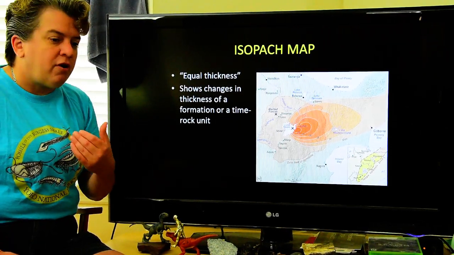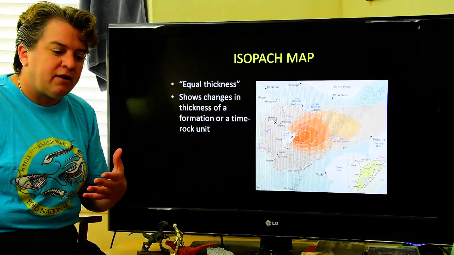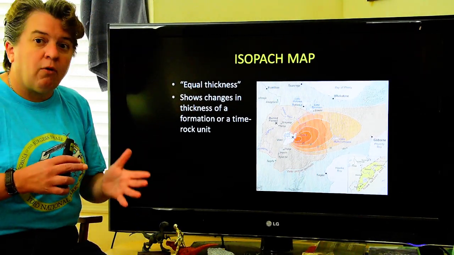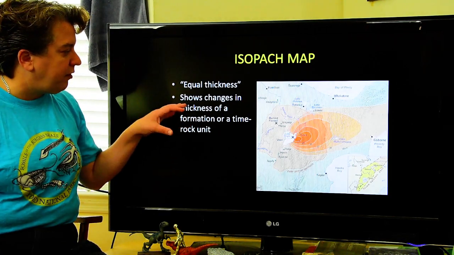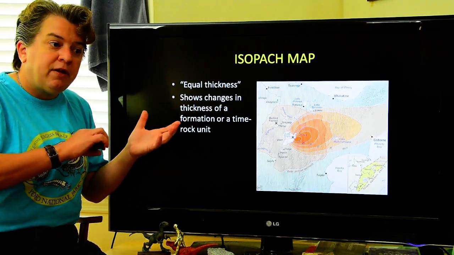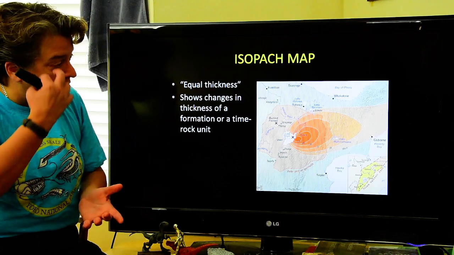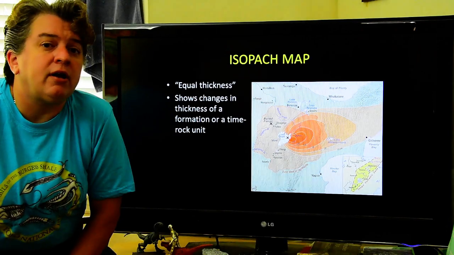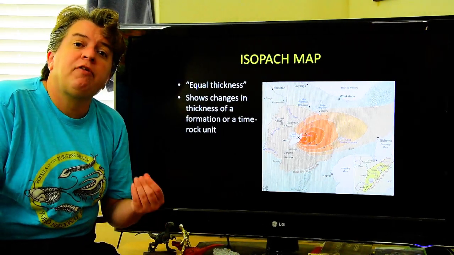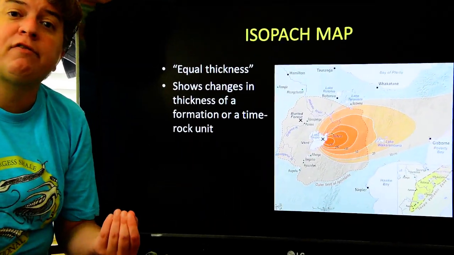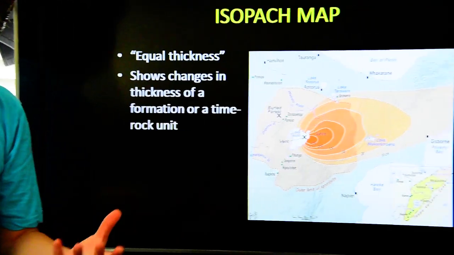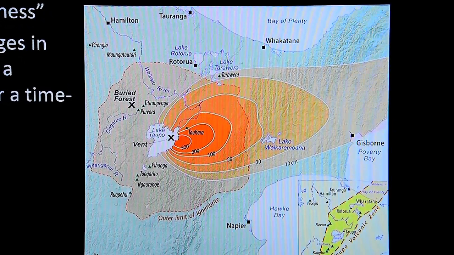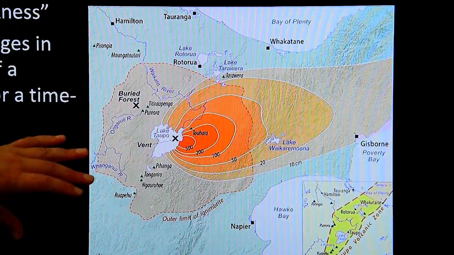And so this shows your changes in thickness of either a lithostratigraphic unit or a chronostratigraphic unit. So you can either do the rock formation or the time formation. And why it can be important, it can show us, for example, the source area of something, because sediments are usually thicker closer to their source and they get thinner away from their source.